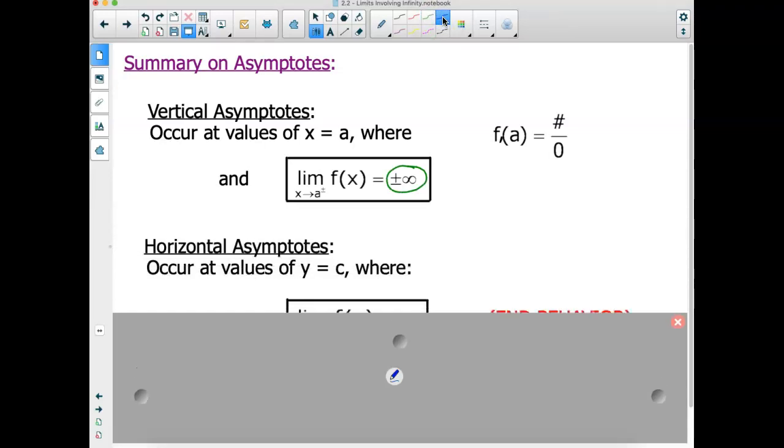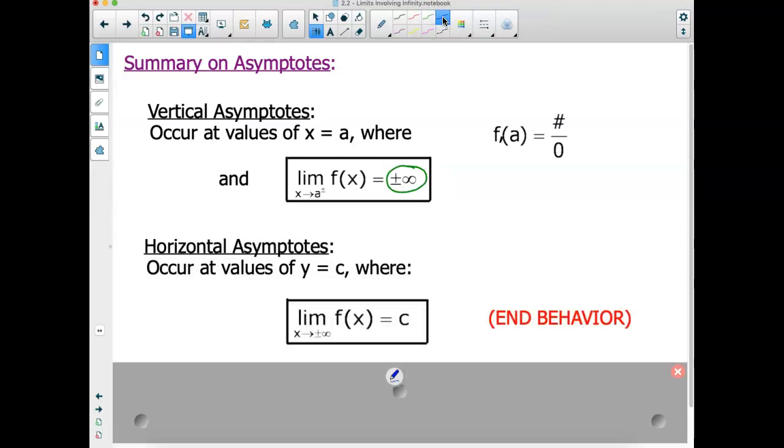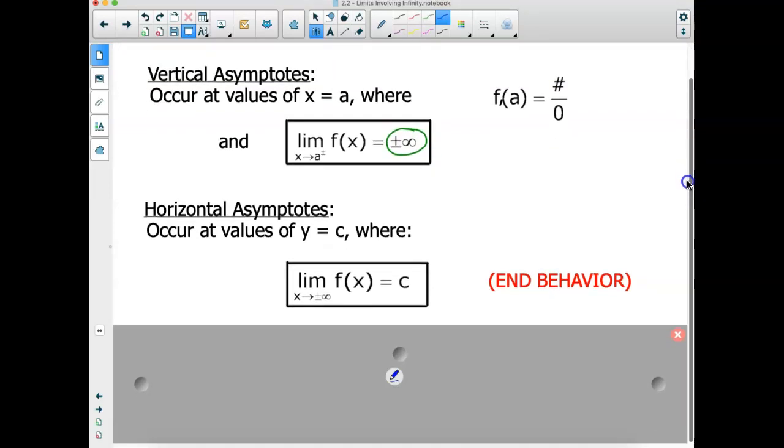Horizontal asymptotes, the main ones we did yesterday, occur at values of y equals c. Because they're end behavior asymptotes, I want to get way out to the right or to the left and see if I'm getting snug as a bug in a rug to a specific value. Those are my vertical and horizontal asymptotes.